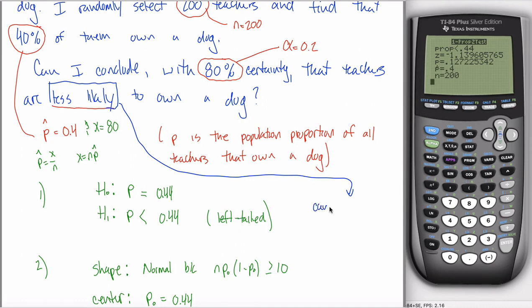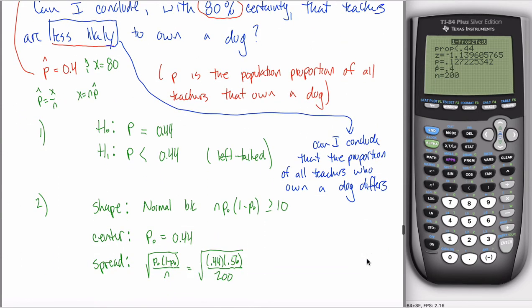So something like, can I conclude, let's see, that the proportion of all teachers who own a dog differs, not as greater than, not as less than, but differs from the proportion of all Americans that own a dog, I guess is implied.